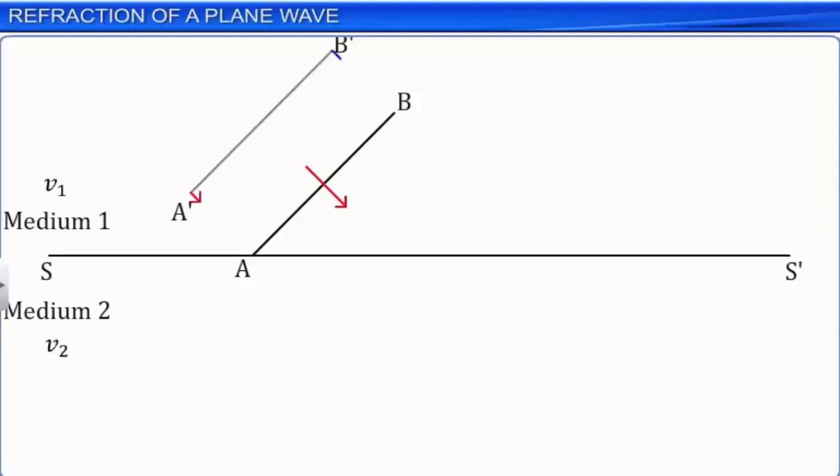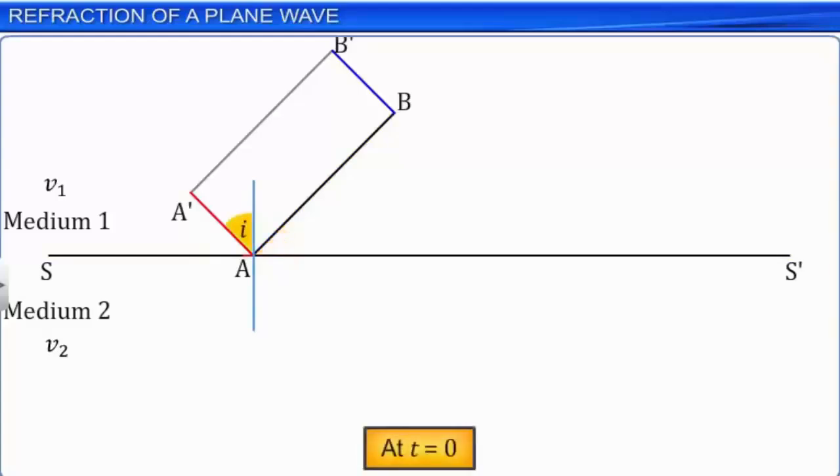Let A' be the direction of the wavefront AB in medium 1. If I is the angle between the wavefront AB in medium 1 and the interface SS', then the angle of incidence is also equal to I. Assume that at t equal to 0, only point A of the wavefront AB is in contact with the interface SS'.